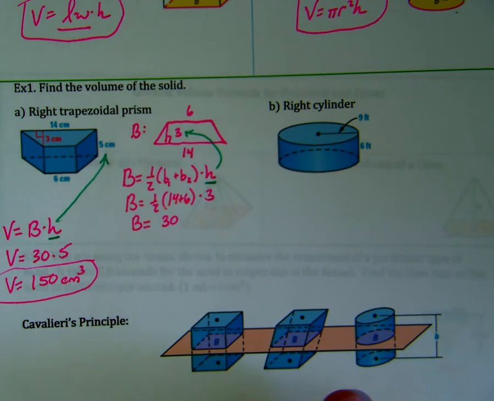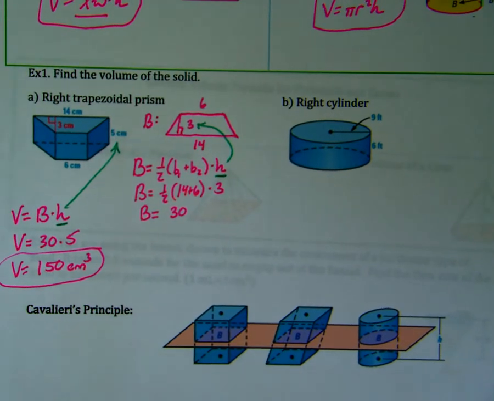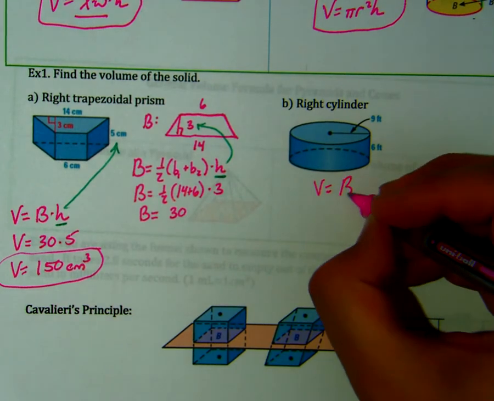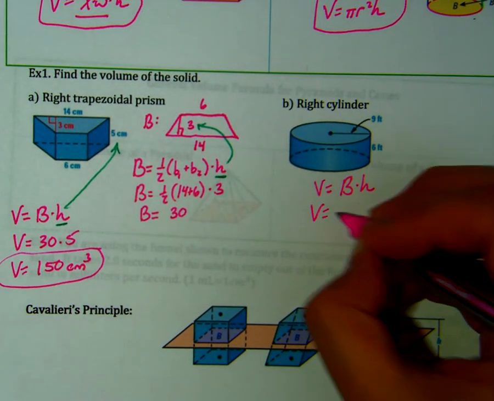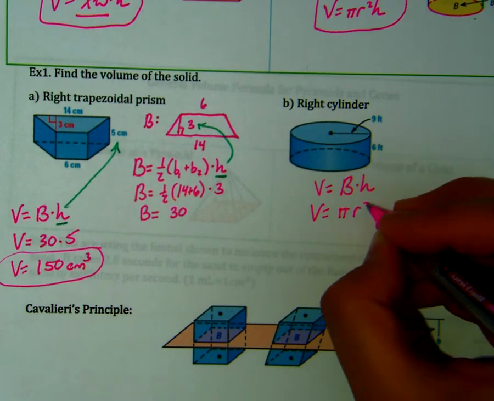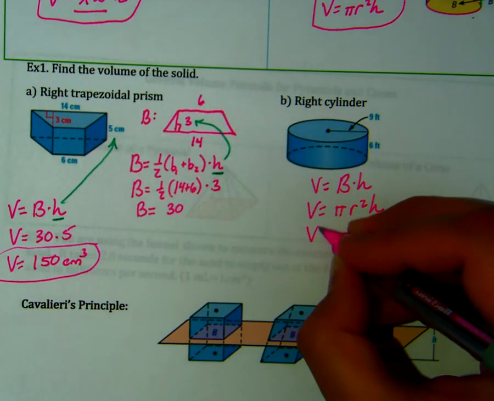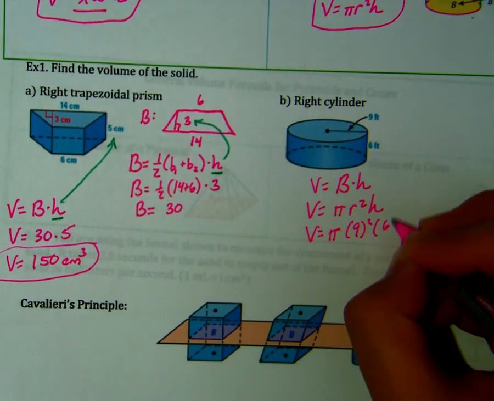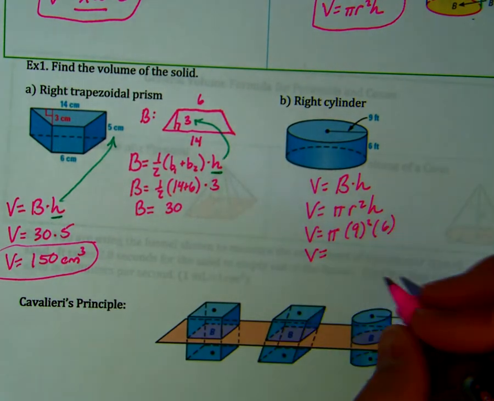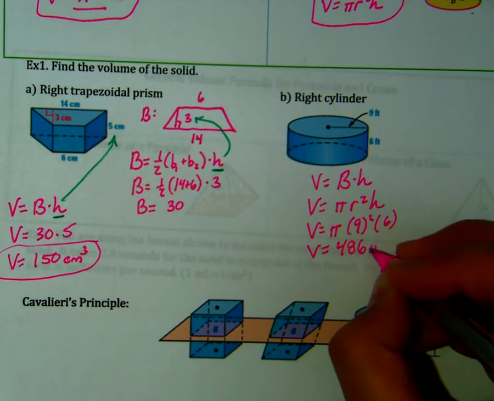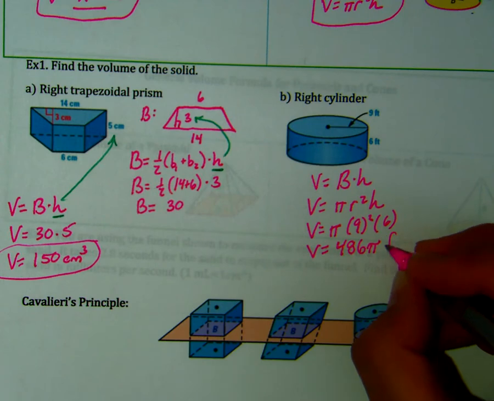For the right cylinder, this is one that we already know. For cylinders, you have the area of the base times the height. The base here is just a circle, so it's pi r squared times h. That's going to be pi 9 squared times 6. Multiply that out and this will give you 486 pi cubic feet.